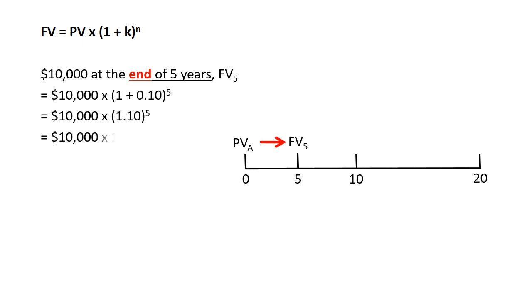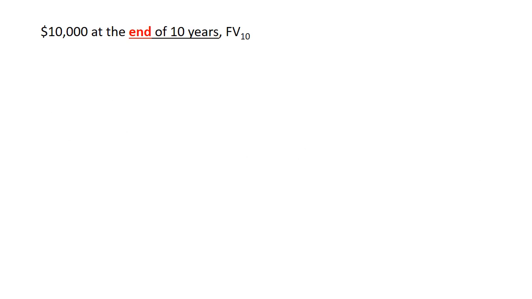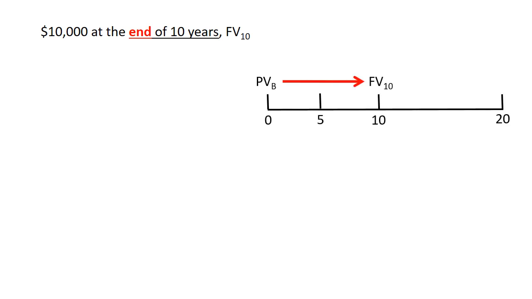The answer is 16,105.1. Next, 10K at the end of 10 years. We're finding FV10, the future value at the end of 10 years.